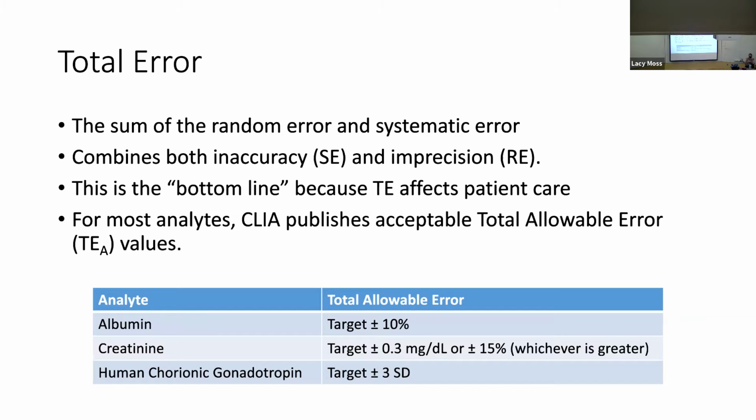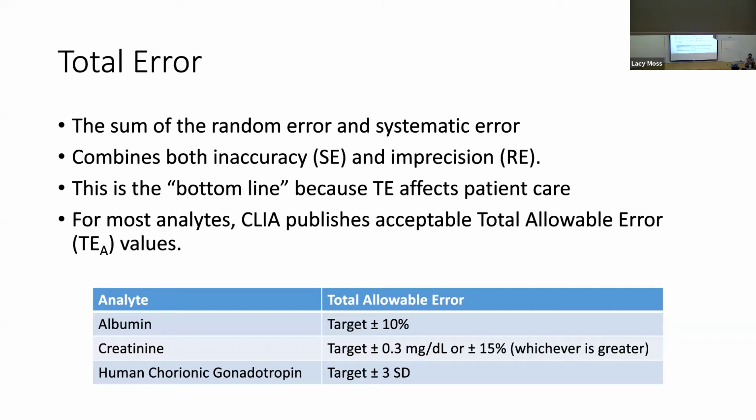So the bigger the concentration is, the wider the amount of inaccuracy is acceptable because it's a percentage of the concentration. Whereas with creatinine, this is kind of fun. They have either 0.3 milligrams per deciliter or plus or minus 15%, and it's whichever is greater. Because when you get down to these really low concentrations, if it's just 15% of a really small concentration, that is not a lot of wiggle room.